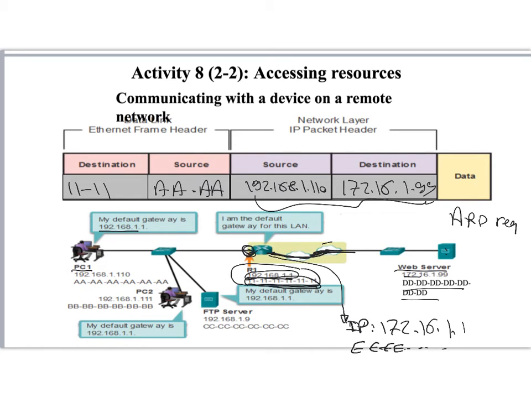This is very important. The IP address in the data itself does not change. It always indicates where that packet is coming from and where it's going to. The ultimate source and the ultimate destination. What changes is the physical address.